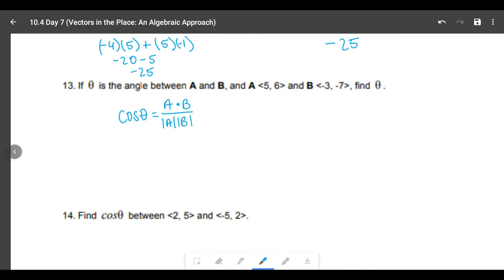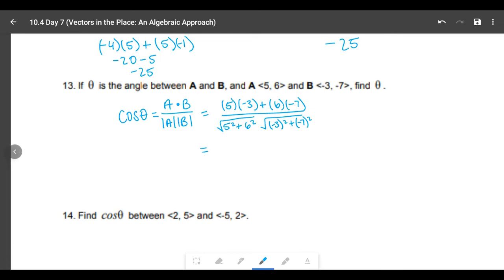So what we can do is first find the dot product between A and B. Well, that's going to be 5 times negative 3 plus 6 times negative 7, all over, when we look for the magnitude of A, square root of 5 squared plus 6 squared, times the square root of negative 3 squared plus negative 7 squared.